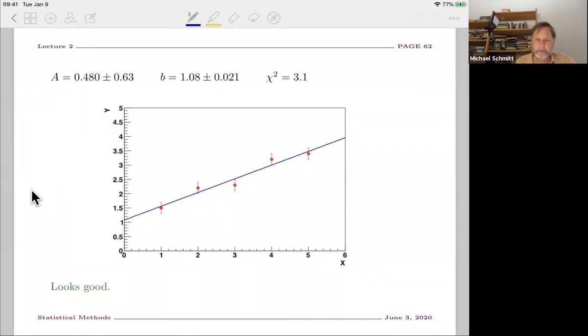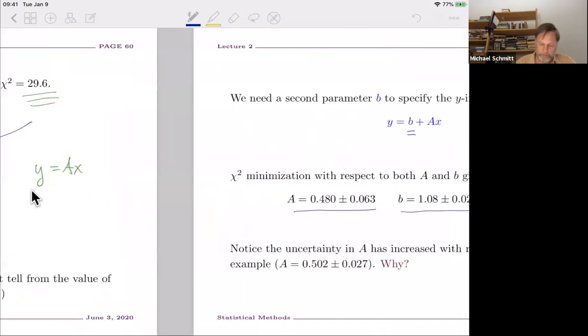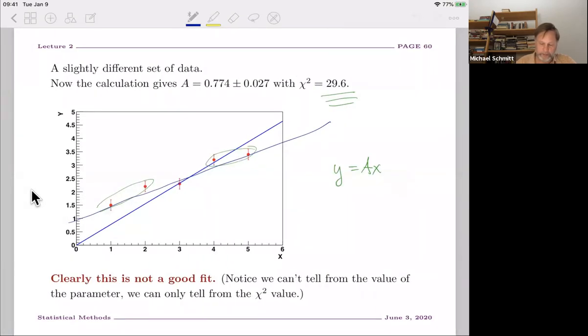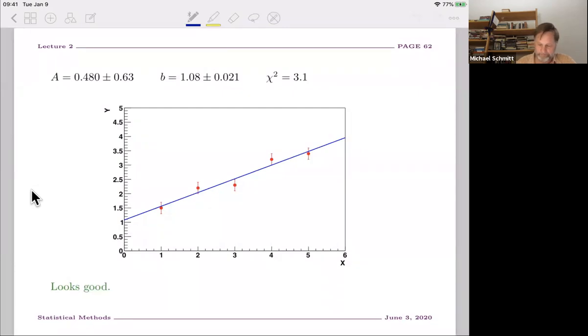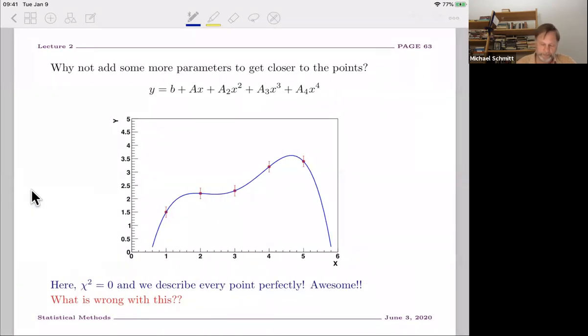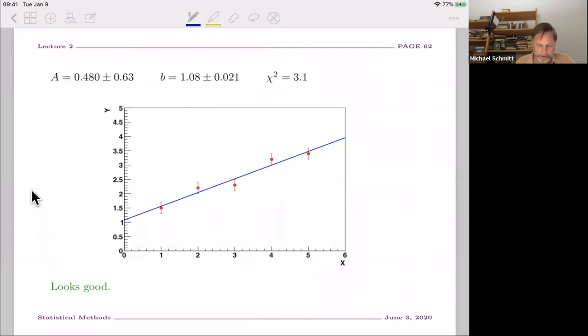Okay, so here's an example where before we got a bad value for chi-squared, not because there's something wrong with the data, but because the model that we chose was the wrong mathematical model. We used the wrong function. Since this brought us success, why not just add a quadratic term? Maybe there's a little bit of a quadratic term or a cubic term or a quintic term.